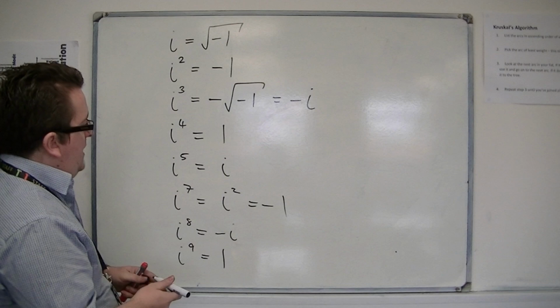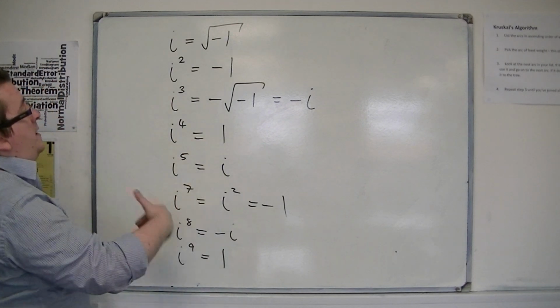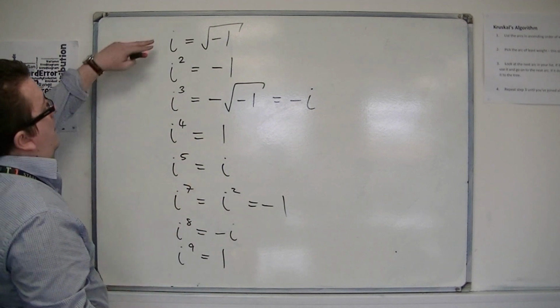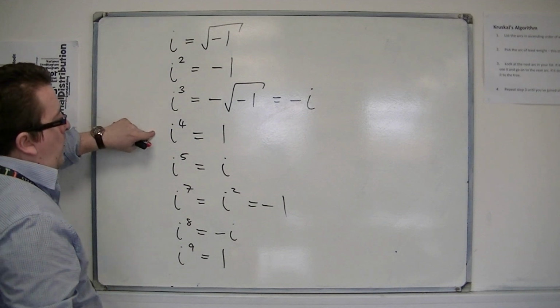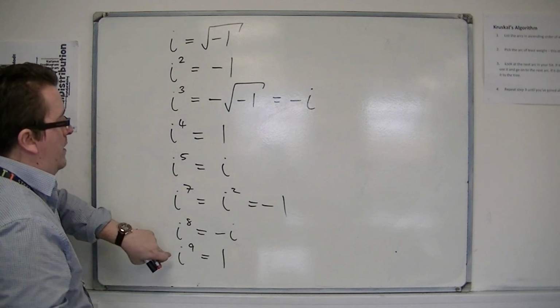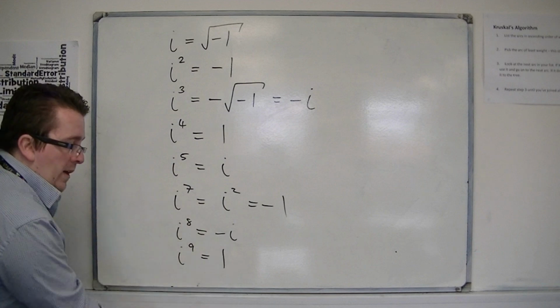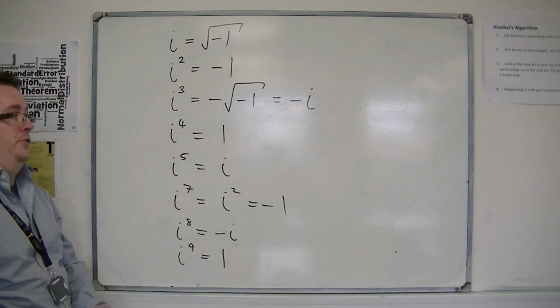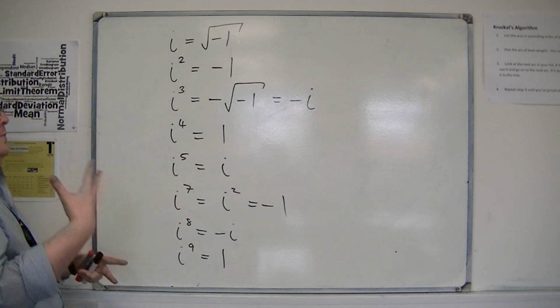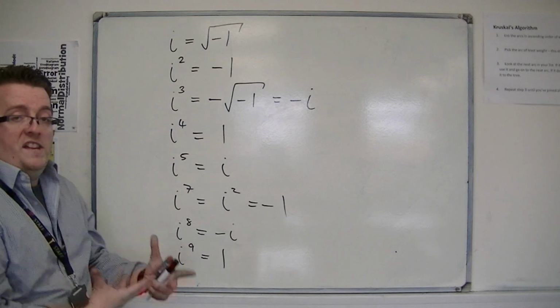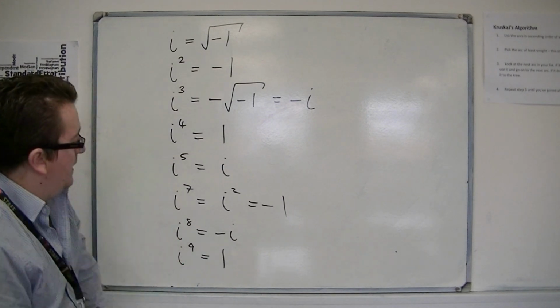Okay, so each time I'm multiplying by i: i, minus 1, minus i, 1, i, minus 1, minus i, 1, i, minus 1, minus i, 1, and so on and so forth. Okay, so you need to be able to multiply i together, like that.